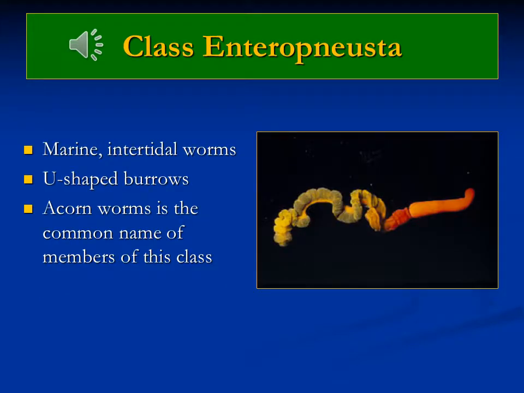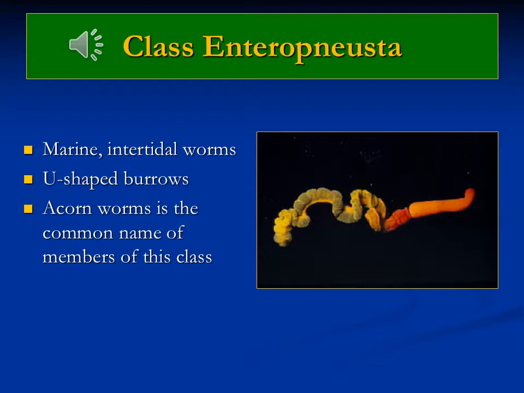The acorn worms are in class Enteropneusta. You can see in the picture to your right, the actual acorn part of this is the proboscis, and it's extended a bit more here. It uses that proboscis to acquire food, and its mouth lies in that groove right between the proboscis and the collar. We'll look at that on the next slide.